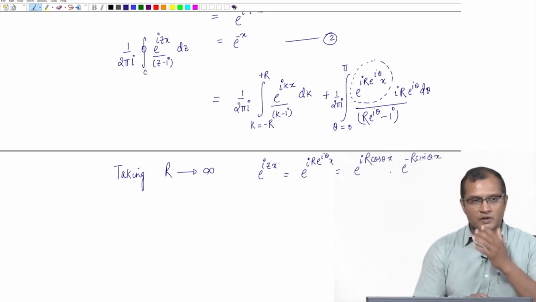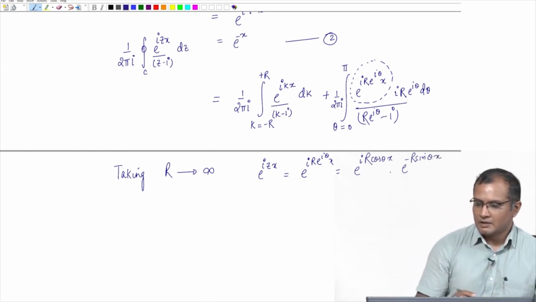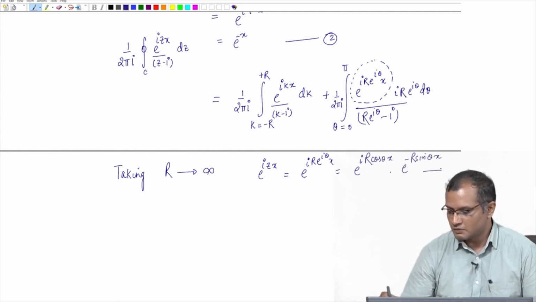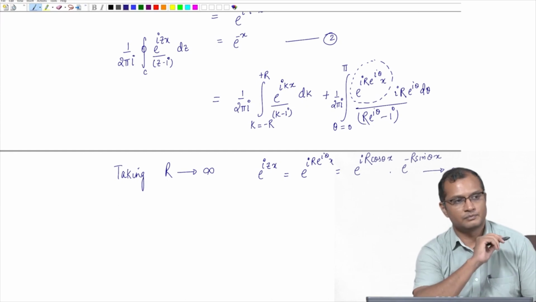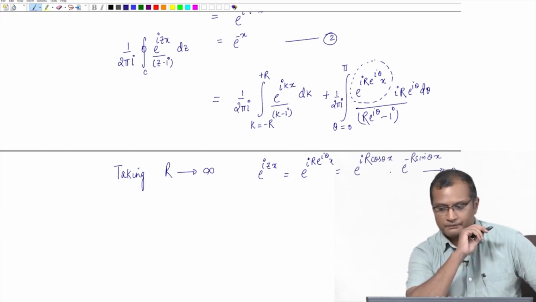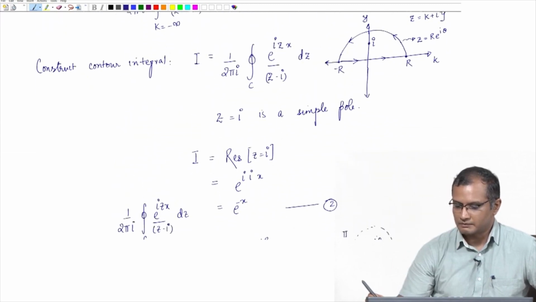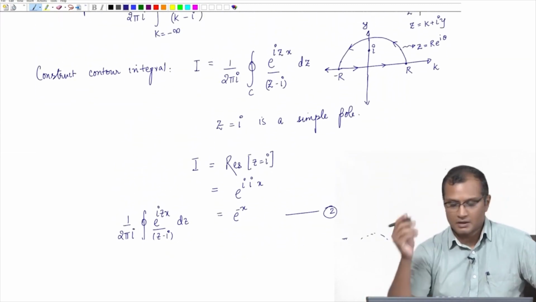Now, as R goes to infinity, for positive x, this will go to 0, because sin theta remains positive in the first and the second quadrant, right.